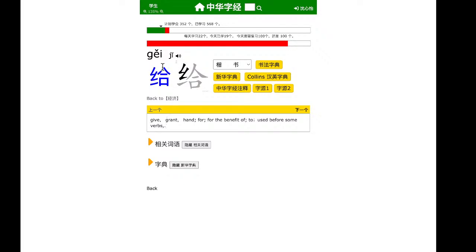I think this is probably more common. The grant, for the benefit of, used before some verbs. Yeah, this is used before some verbs. This is a stylistic thing. Also, I think generally it's only in speech. Yeah, you use colloquial language.